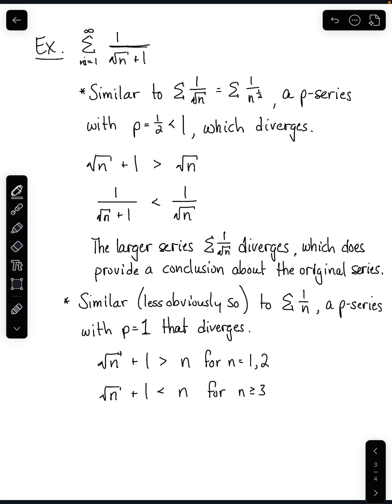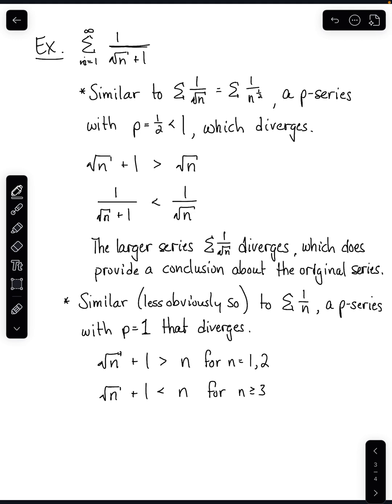This is okay, even though the original direct comparison test said that it had to be true for all n. The fact of the matter is that as long as it at some point takes over, so that for the rest of the series one of them is bigger than the other, the initial couple of terms are not going to affect the convergence or divergence.